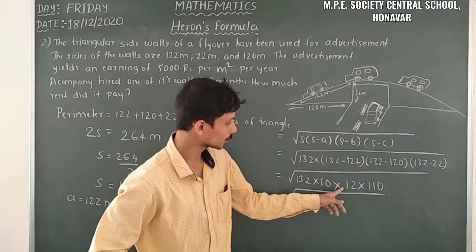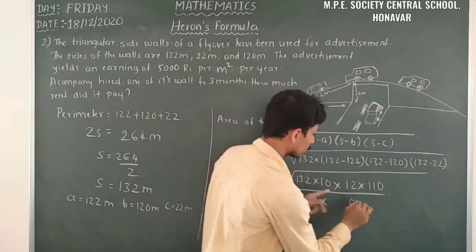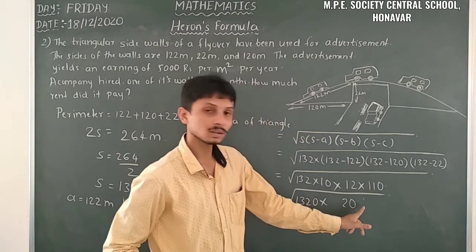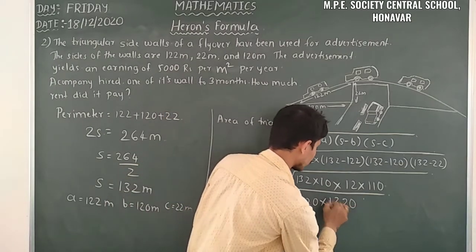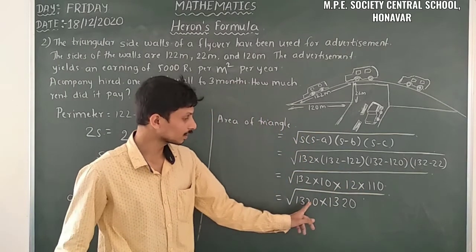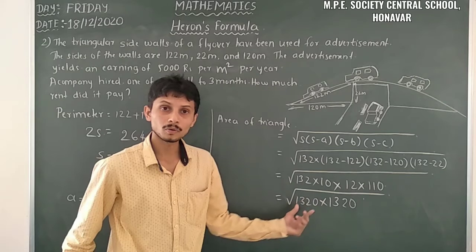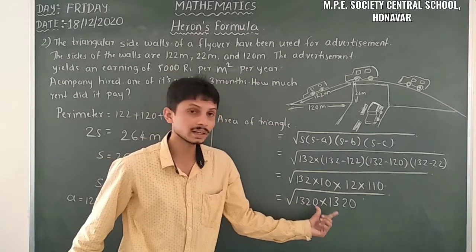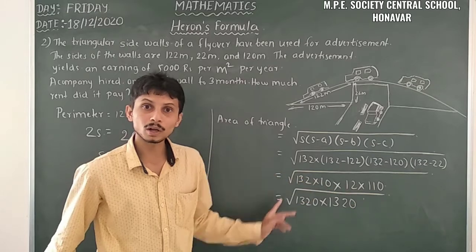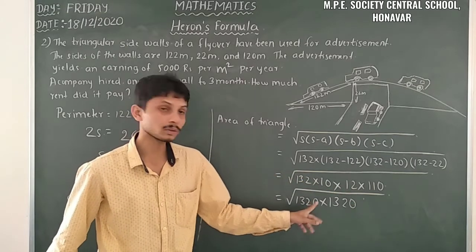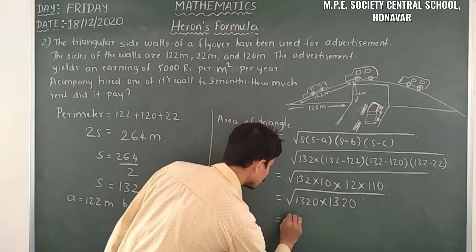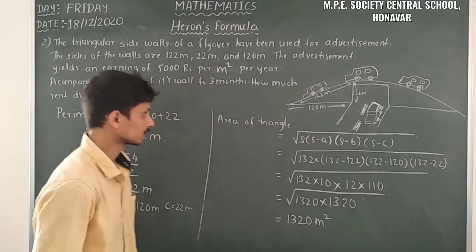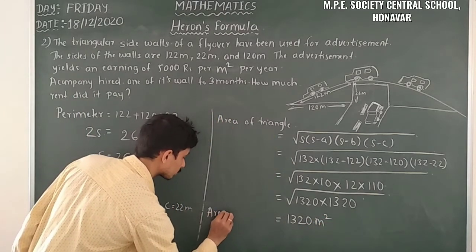And then here just observe 12 into 110 gives 1320. Here we have 1320 into 1320. So we can write 1320 whole square. Square root of 1320 whole square, it is 1320 meter square. So we have the area of this triangle.